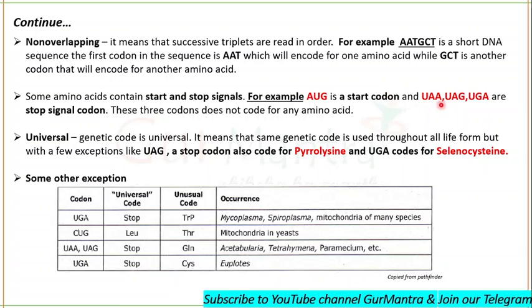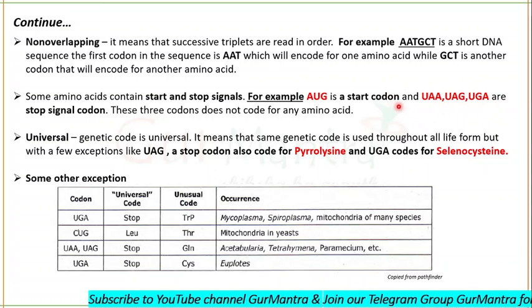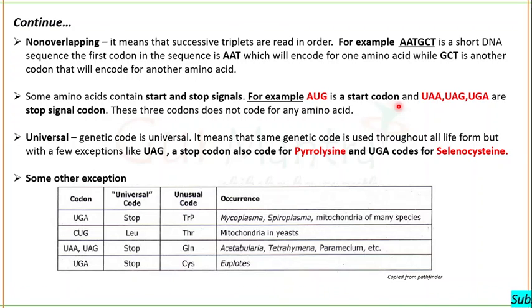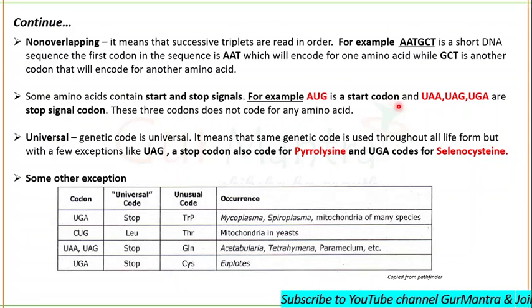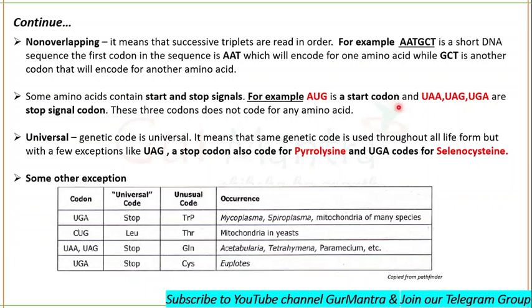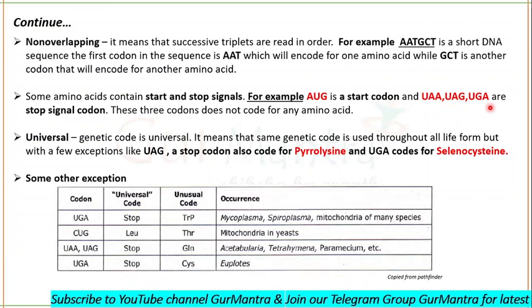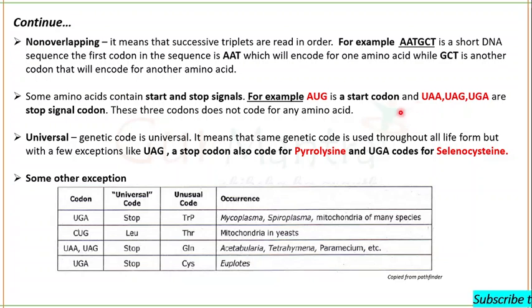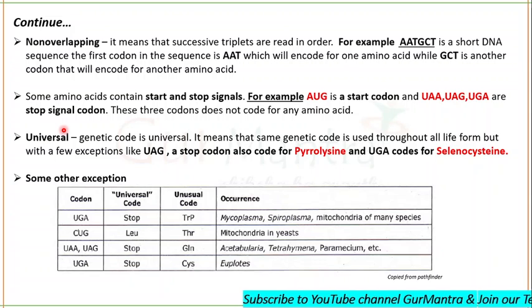So we ignore these 3, and actually there are 61 codons which encode for an amino acid, and these 3 are nonsense codons which are not coding for any amino acid. But see, genetic code is said to be universal.